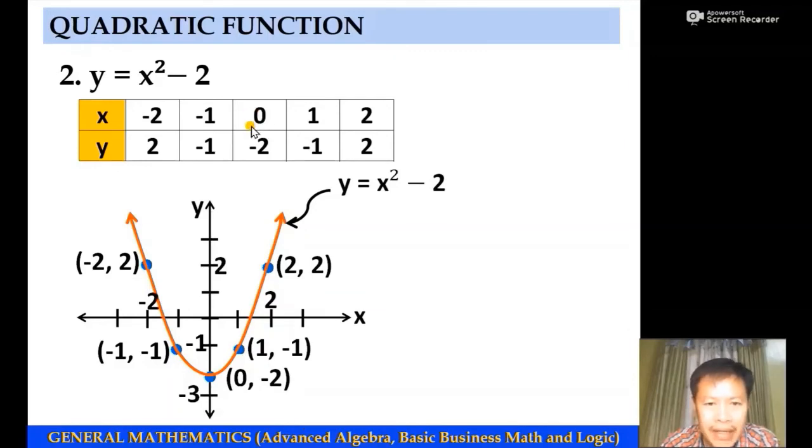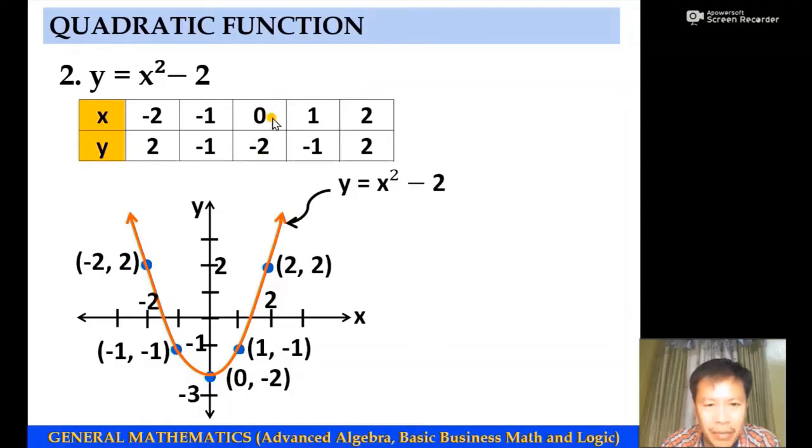We are going to plot the points. In plotting the points of the quadratic function, you are going to start with the vertex. Our vertex is along the y-axis. Our x is 0 there. Do not go to y unless you go first to the x value, please, because you are trespassing.